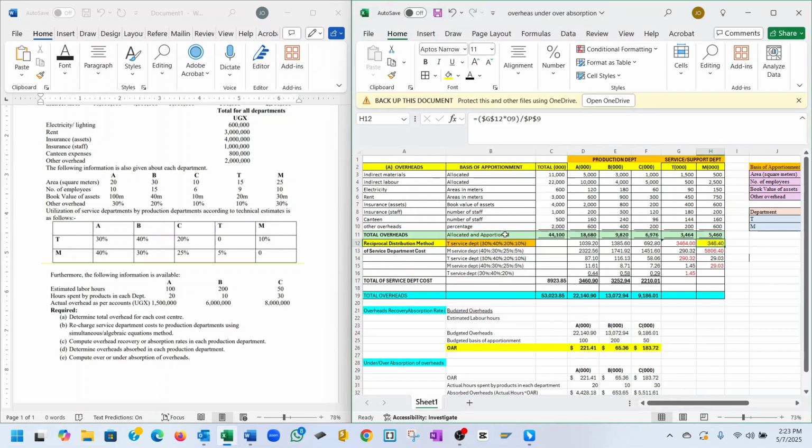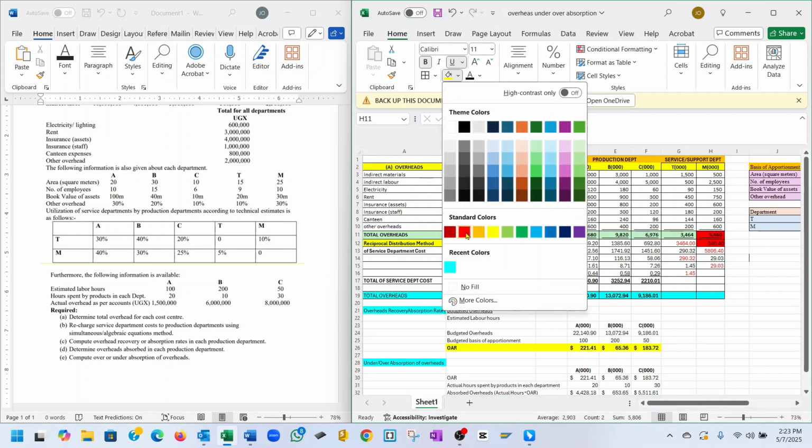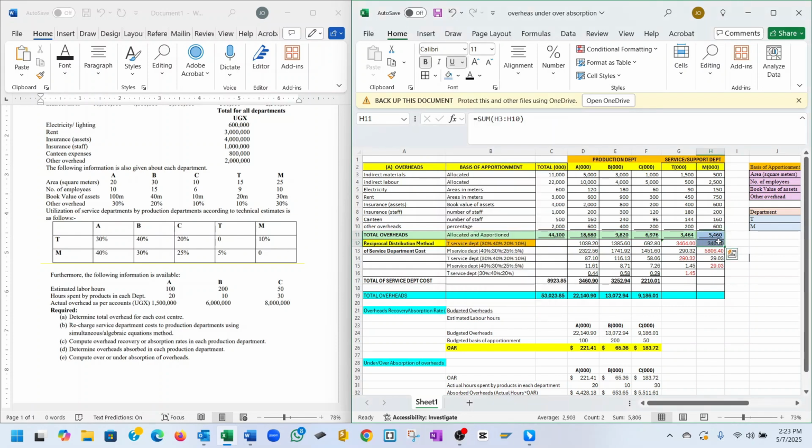So this is the percentage they got, which is 346. However, their overheads allocated or totaled for them is 5460. So what we are going to do is total these two. Okay. When we total these two, we are going to get this.